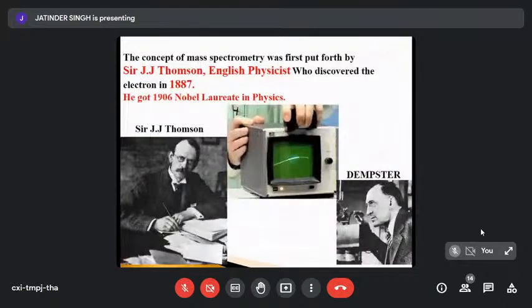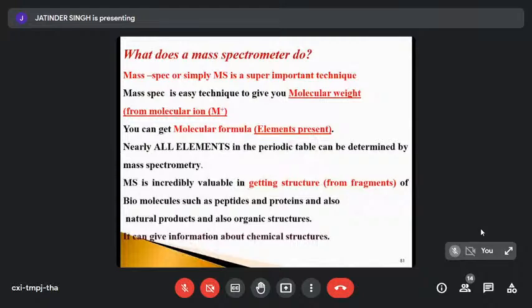Now mass spectrometry, as I told you, comes from Sir J.J. Thomson, and the TV or oscilloscope and Dempster's experiment, they all projected mass spectrometry. So with mass spectrometry, you can see that we can detect all the elements of the periodic table.